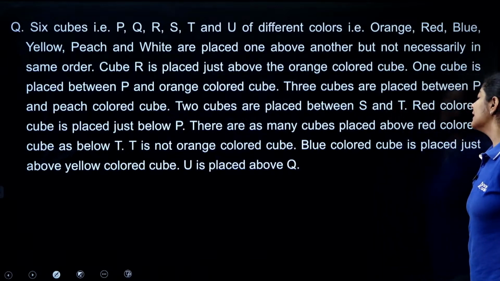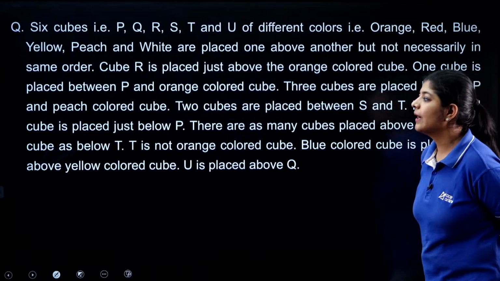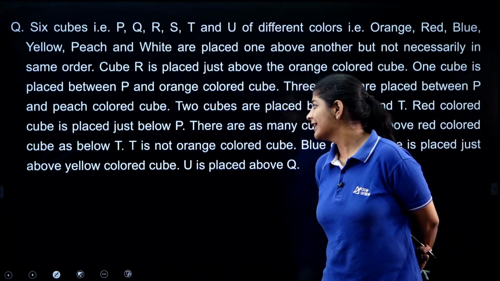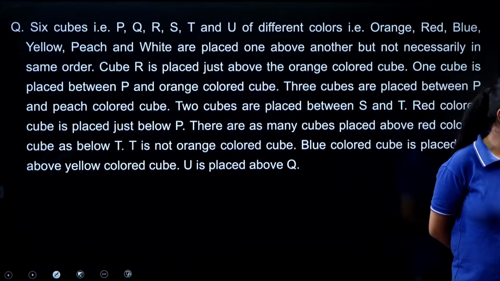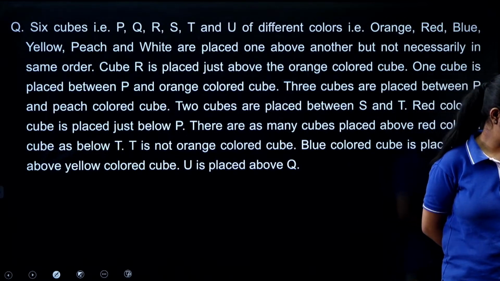Blue colored cube is placed just above yellow colored cube. U is placed above Q. So, these are the clues, and accordingly we have to draw our arrangement.